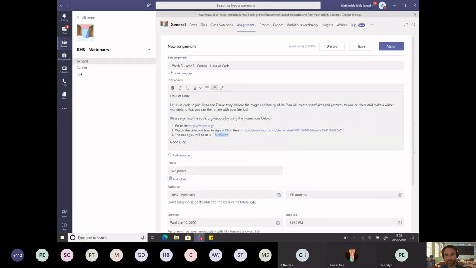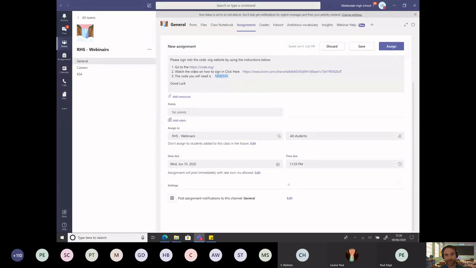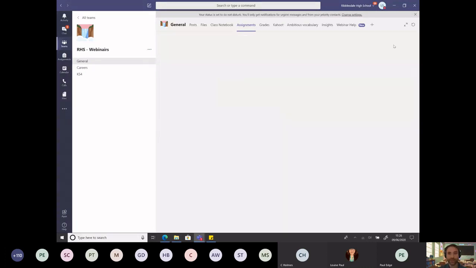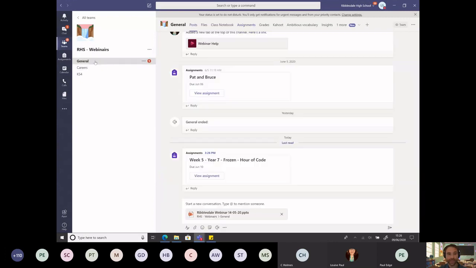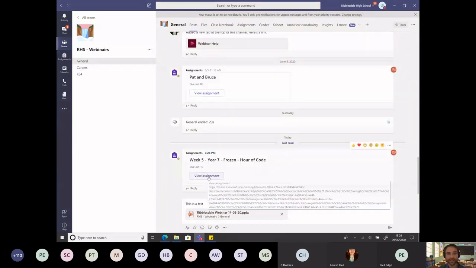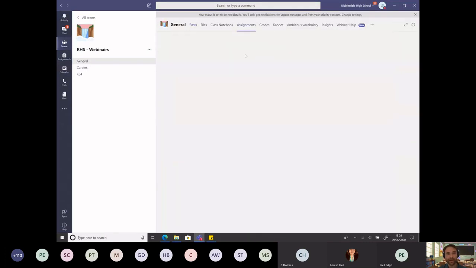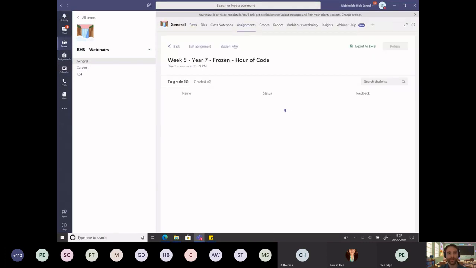And then once we're happy with everything, I can simply press assign, and that will just reuse that assignment, and it will post it within my team and notify every single student, so they can just click on there and they can once again see their student view.